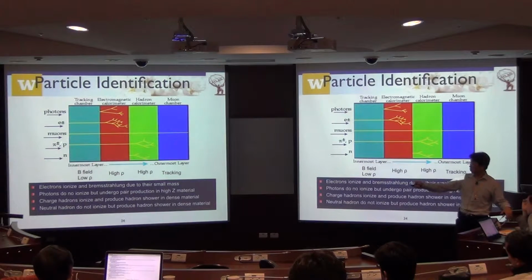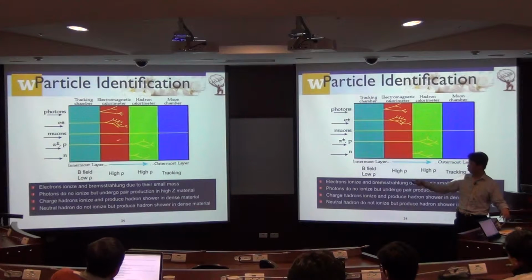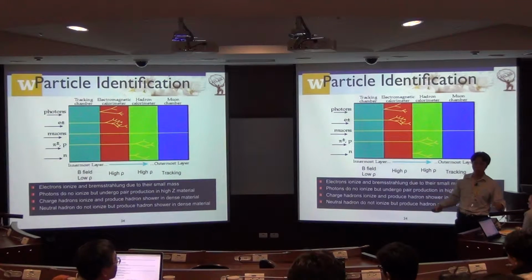And for example, the muon is basically a minimum ionizing particle all the way through all the detector. So this is a typical signature of a muon. Except if your muon goes beyond 300 GeV, as I mentioned earlier, it could actually start behaving like an electron. It will also have bremsstrahlung, and the photon could be detected by the EM calorimeter.